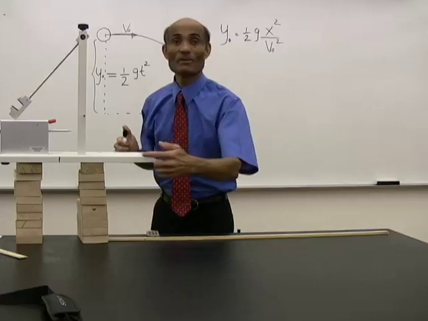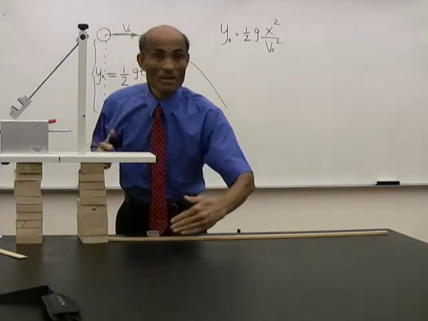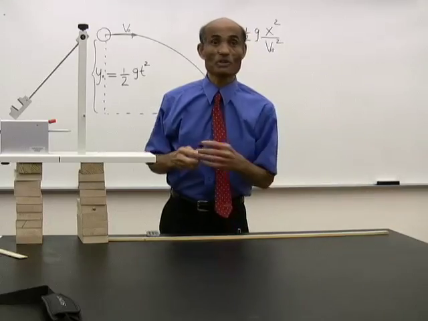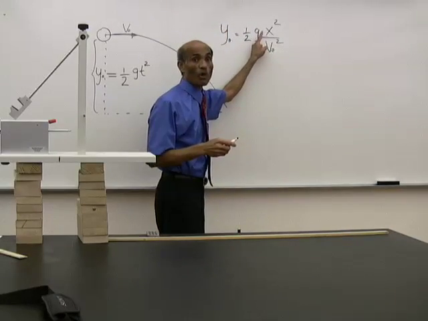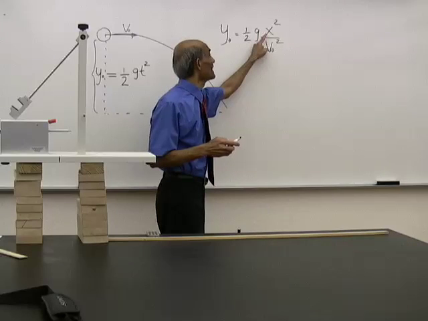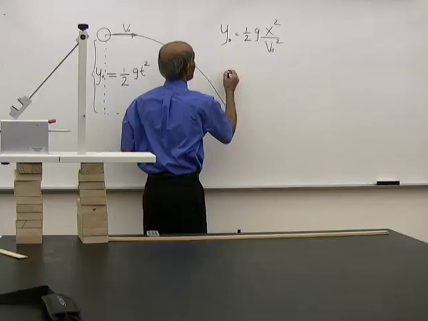Your independent variable is Y0, and your dependent variable is x, the horizontal range. That means we need to solve for the dependent variable x. Is that right? Alright, let's solve for x.